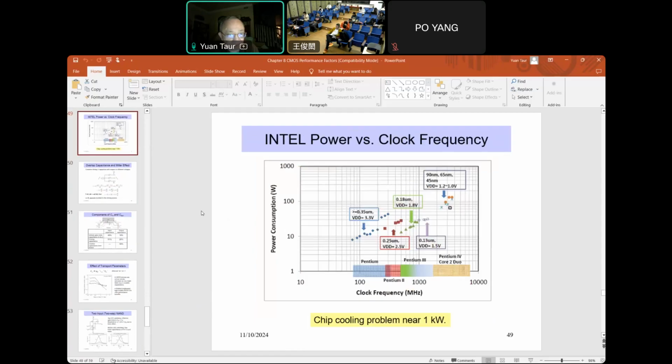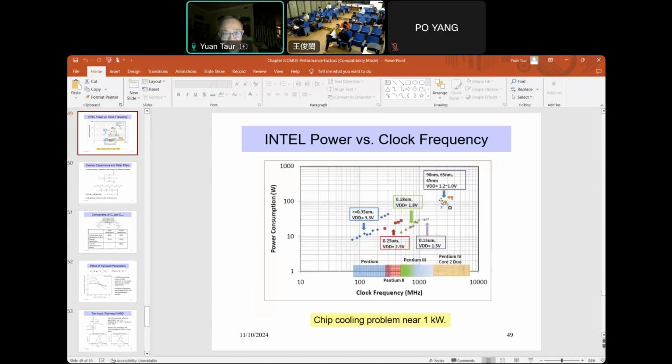This is a chart from Intel, and it shows power versus clock frequency, with the power supply voltage down to 1 volt.